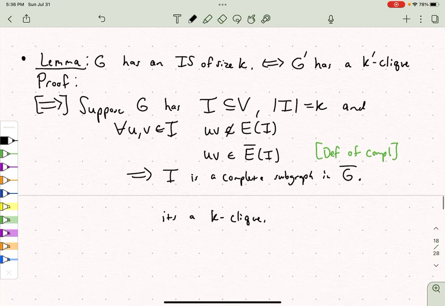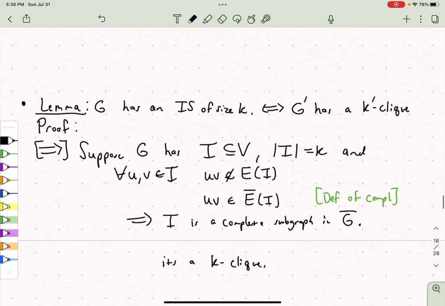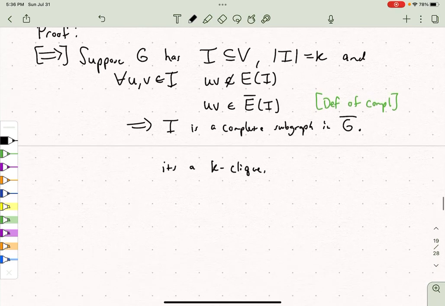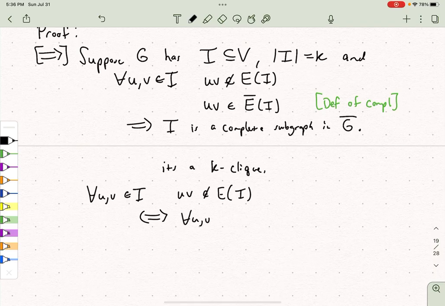So it's pretty much direct. And really, you don't even need to do the two directions separately. This is just an if and only if. So really, we have for any given I, for any UV in I, UV is not in the edge set if and only if for all UV in I, UV is in the complementary edge set.